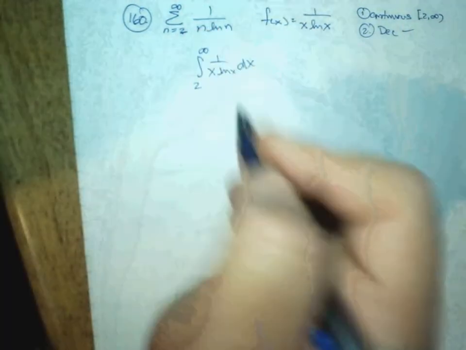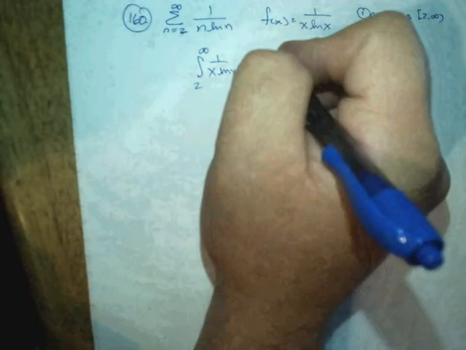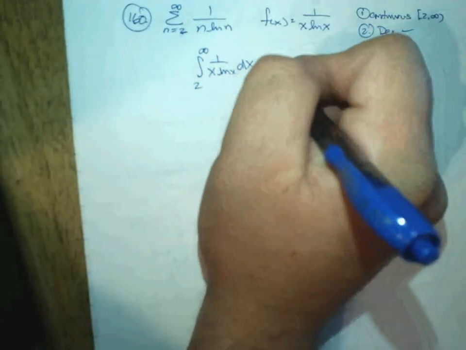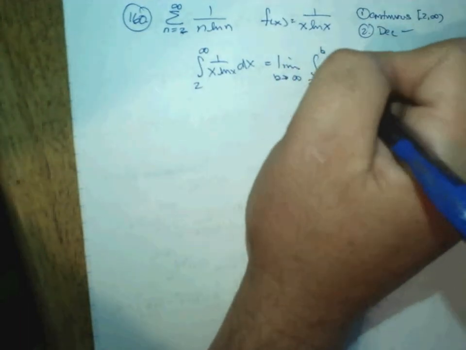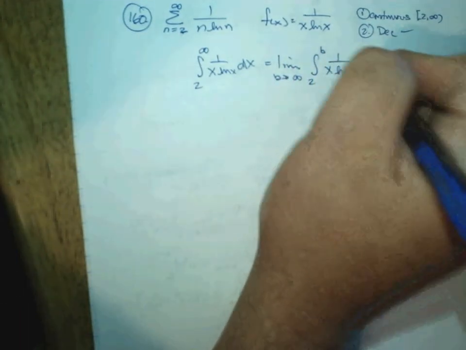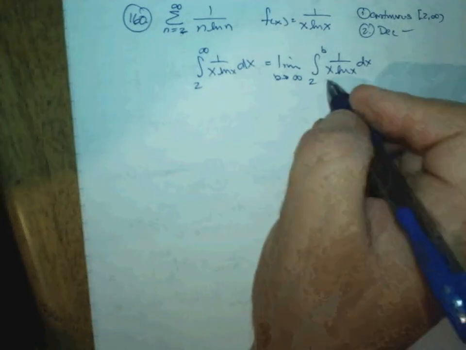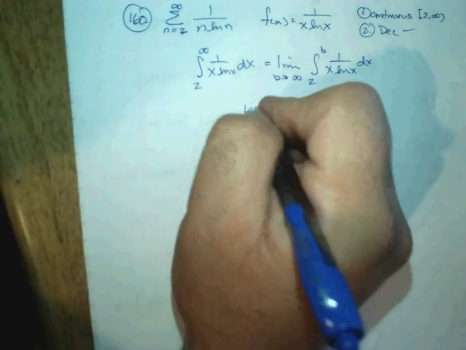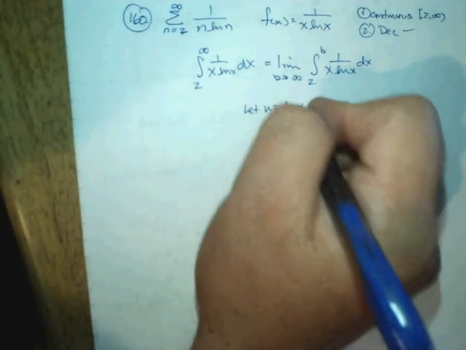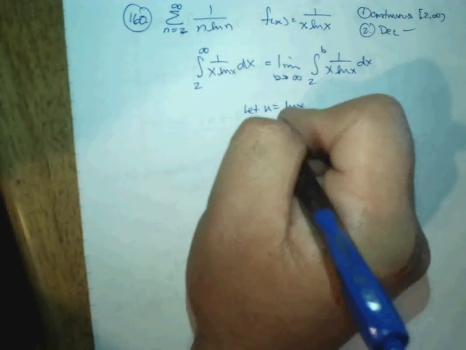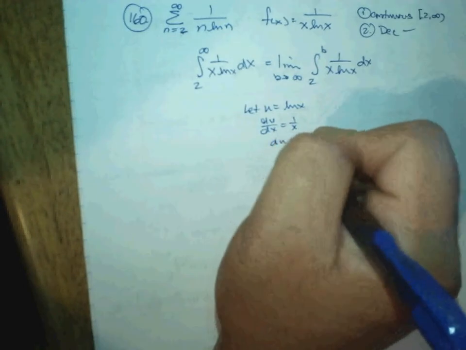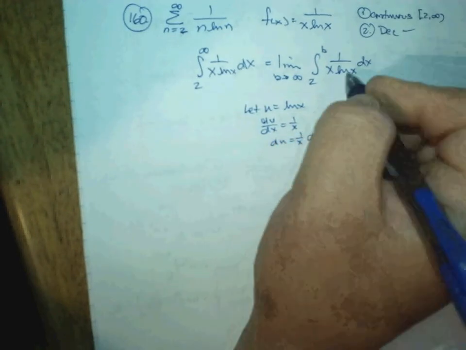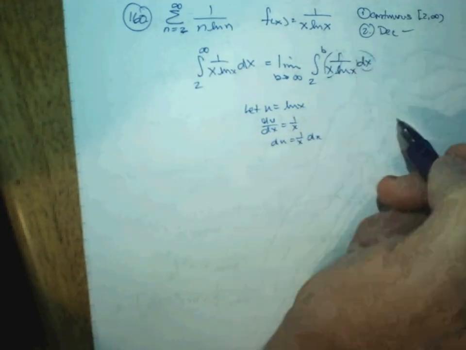All right, so that means that this improper integral is going to determine the behavior of this infinite series. Well, that's the limit as b goes to infinity of the integral from 2 to b. And that handles the impropriety of the integral. Now for this, a u substitution. Let u be ln of x, du dx is 1 over x.